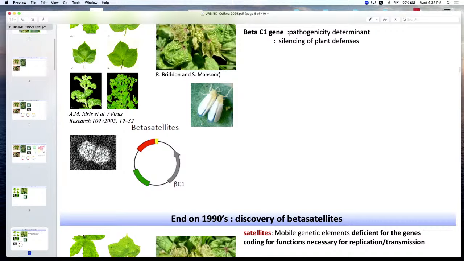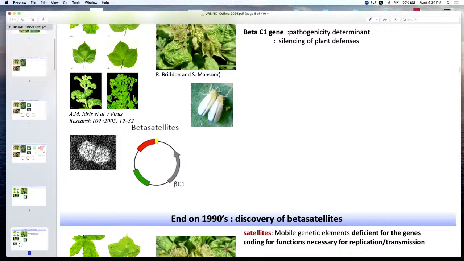It parasitizes the function of the virus to be replicated in the plant, accumulate, and be transmitted. It is encapsulated in the capsid protein of the virus, not together with the virus but in an independent capsid, and then it is transmitted with the virus by the same whiteflies. Its genome is composed of only one gene, the beta C1 gene, which is the determinant of function of these molecules.